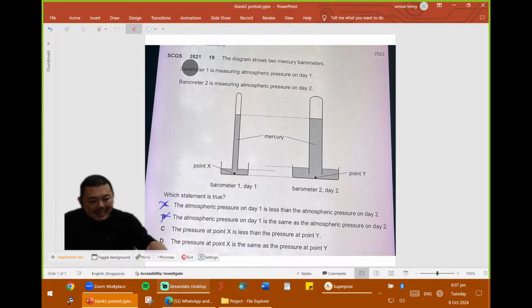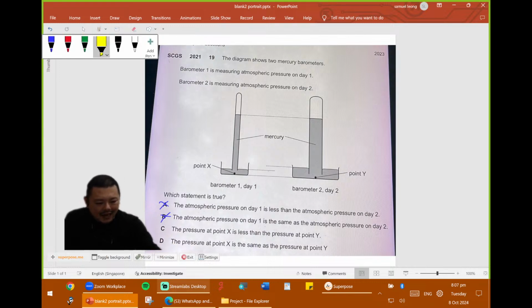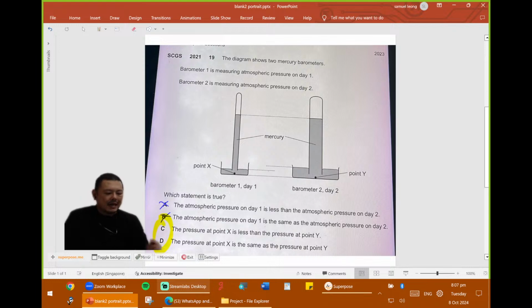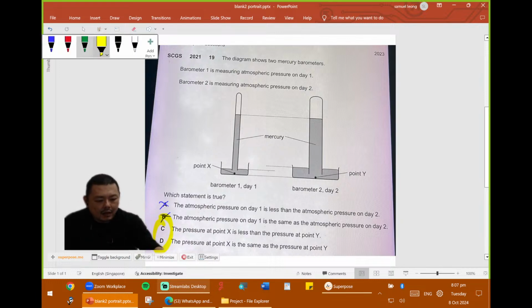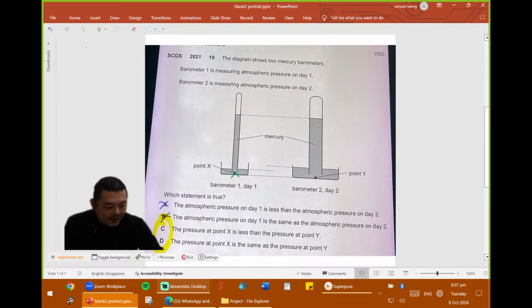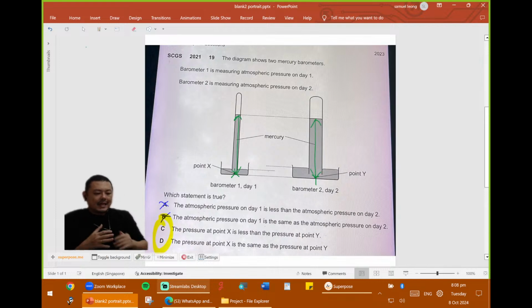But C and D have nothing to do with comparing the atmospheric pressure. They're just asking you to compare whatever's above X and whatever is above Y. Do you notice that they're the same height?